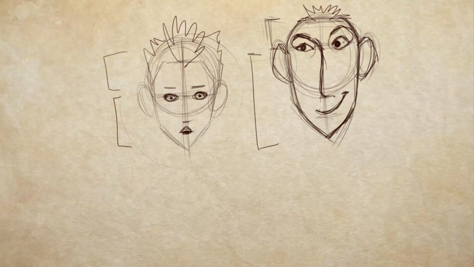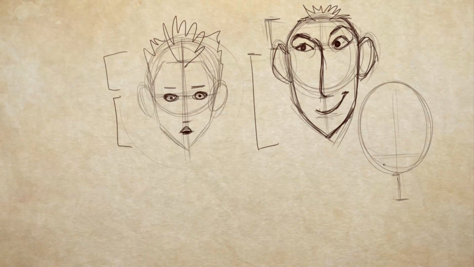So here we had a tiny space from the top of the head to the eyes, and a big space from the eyes to the chin. So let's just reverse that and make it very small from the nose to the chin, and push the eyes lower.